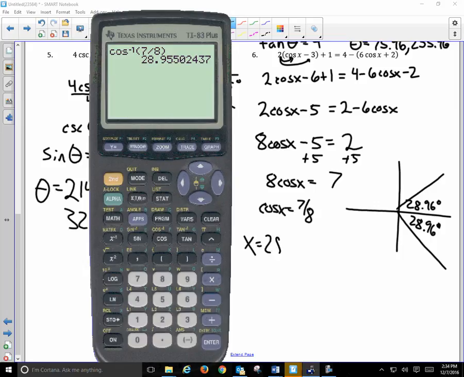X is 28.96 degrees, or 360 minus that amount, 331.04. There you have it. So, solving equations. I have a worksheet for you. I have about 15 minutes to work on it.